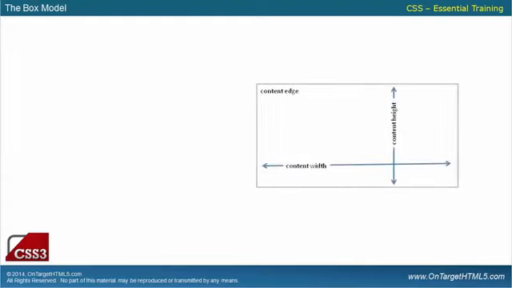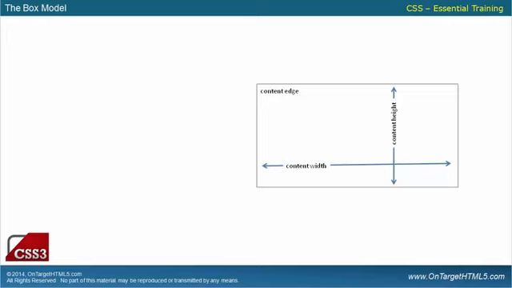The first thing we have is the content area. This is the actual content for that particular item, whether it be a div, whether it be an H tag, an H6, an H1, any block level element that we can put in the HTML page has a content area. An image has a content area.